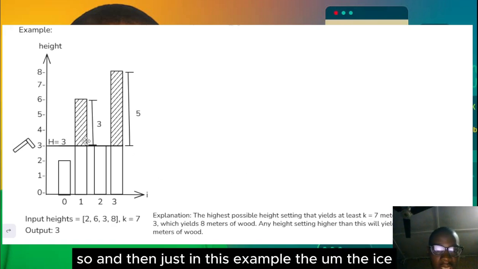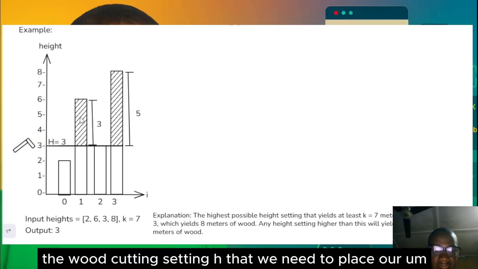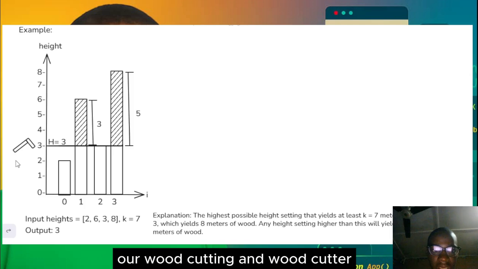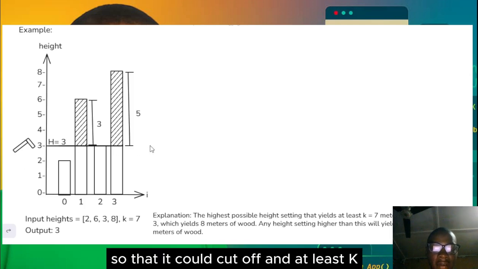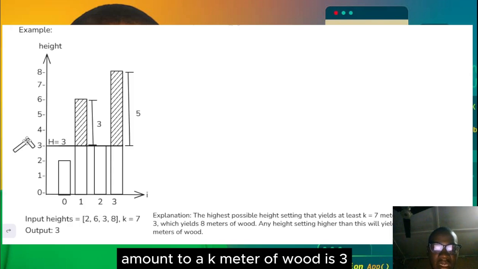In this example, we need to determine the setting h at which to place our wood cutter so that it cuts at least k meters of wood, and k is 3.